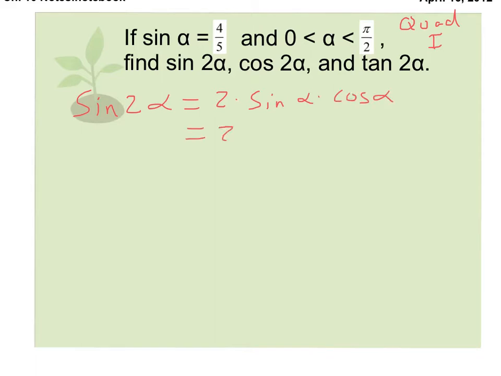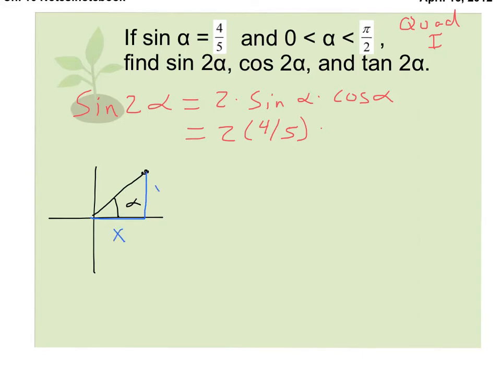Well, as I'm calculating this, things are just going along fine, until I see that I need to know the cosine value for alpha, which I don't, but I can figure it out. If I just do a quick little sketch here, I'm talking about an angle in quadrant 1.